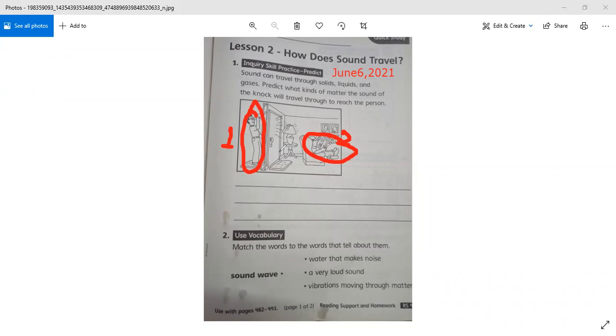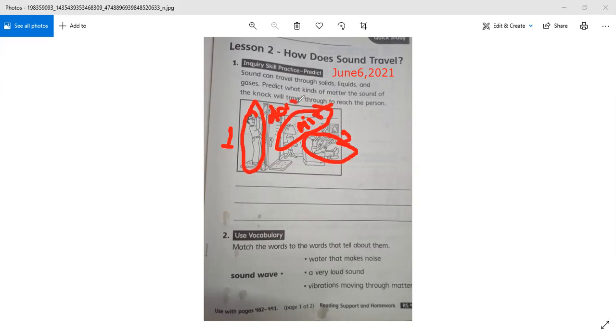The air is gas. We have air everywhere, right? Yes, and air is gas.